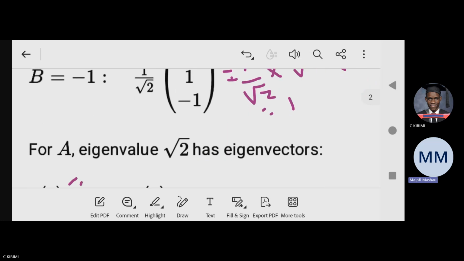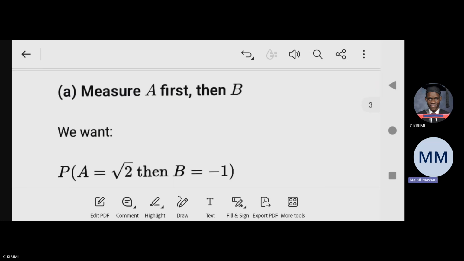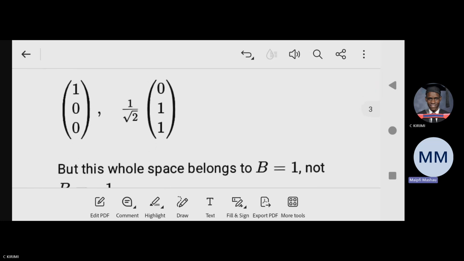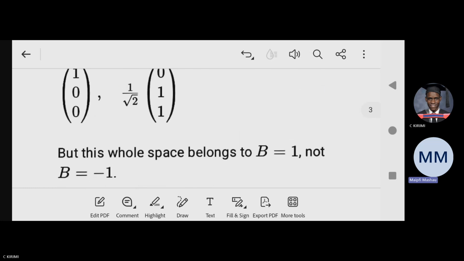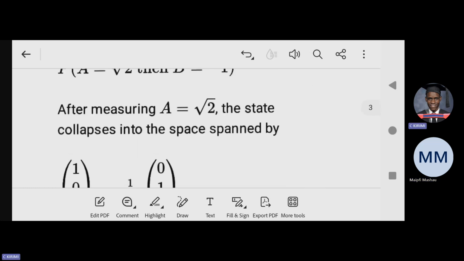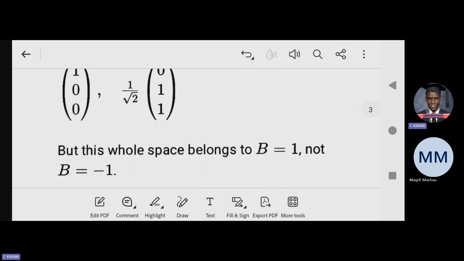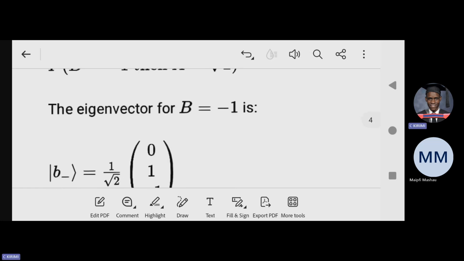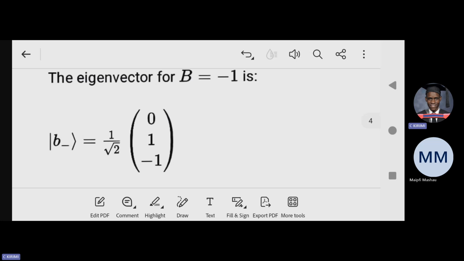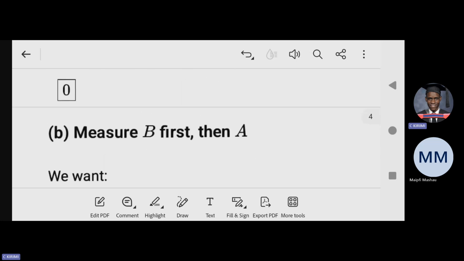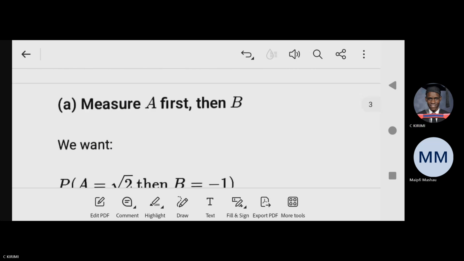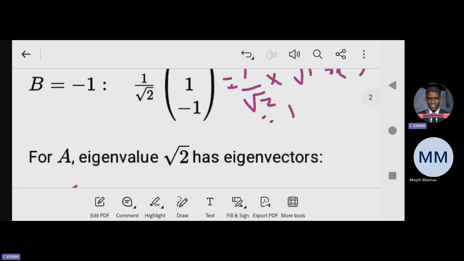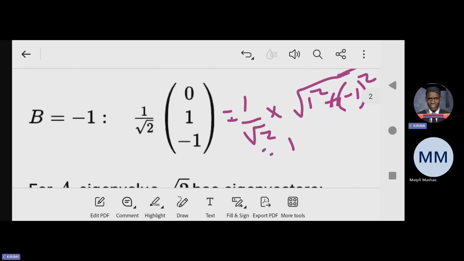So in number B, where did we get this value for 0, 1, and -1 again? These are the eigenvectors, isn't it, for B? These are the eigenvectors which were corresponding to B -1. Where we said for B -1, this one.